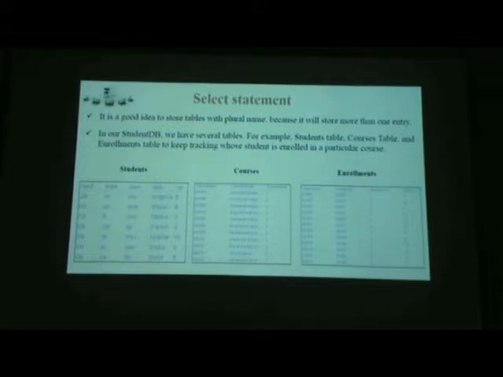Okay? If we want to combine students with courses, there is no common field between these two tables. At that point, you need another table which has keys that are common with both tables. Okay?